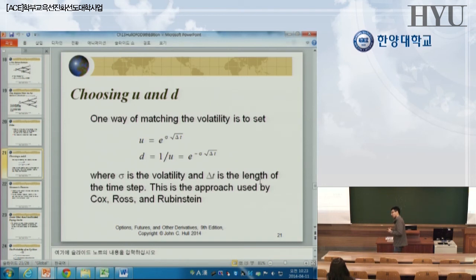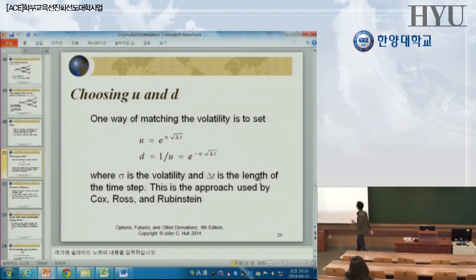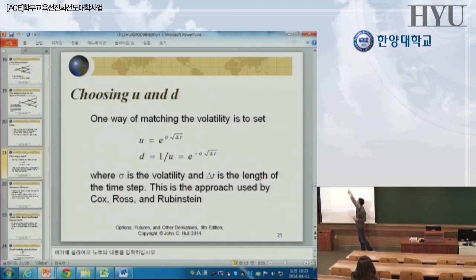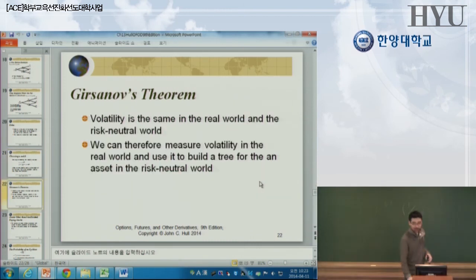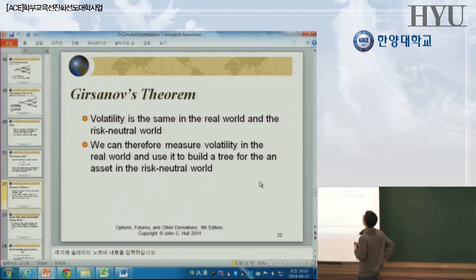If we move from the real world to the risk neutral world, we change only the return to the risk free rate, and use exactly the same volatility to construct the tree this way. This volatility you can get from historical data. That is called Girsanov's theorem. It makes our life very easy. Volatility is the same in the real world and the risk neutral world.